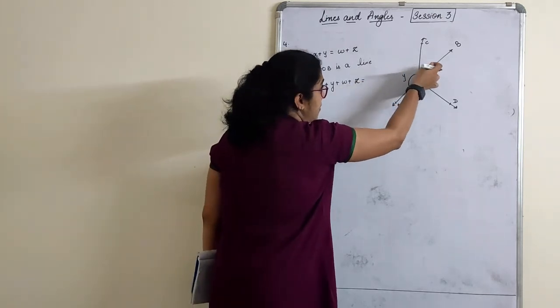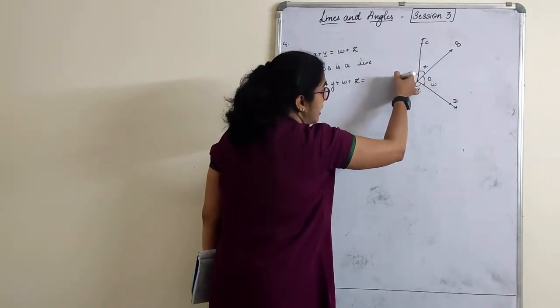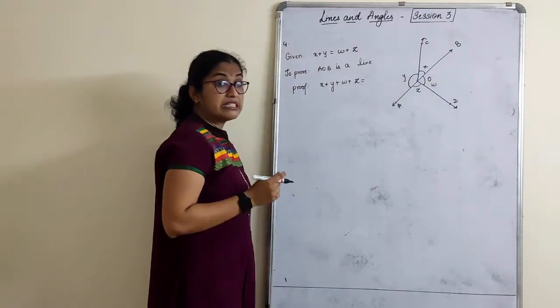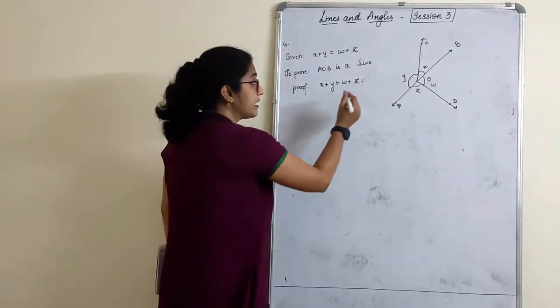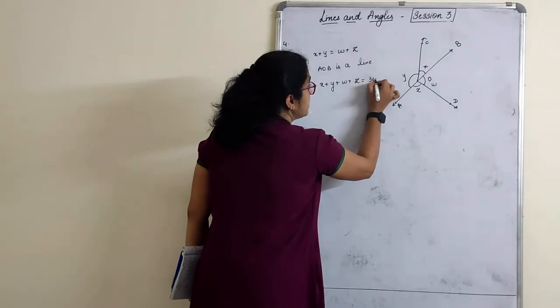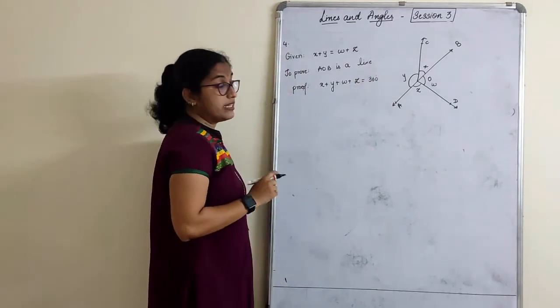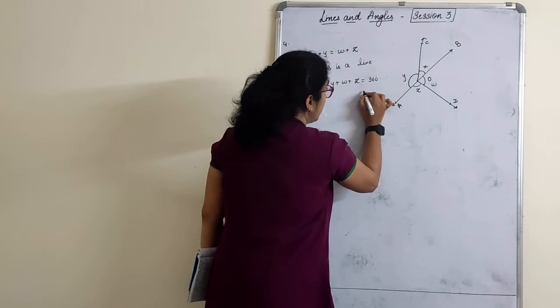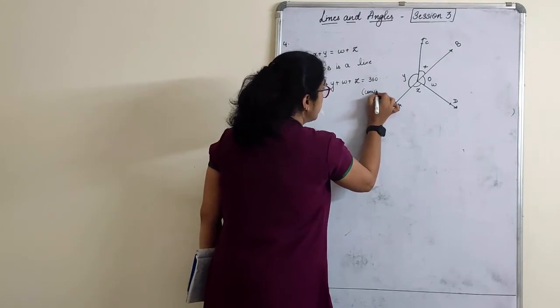That means I am adding everything right from here, I am adding till W. That means it is a complete angle. So angle at the center is how much? 360 degrees. So reason for this would be, I will write here, children, complete angle.